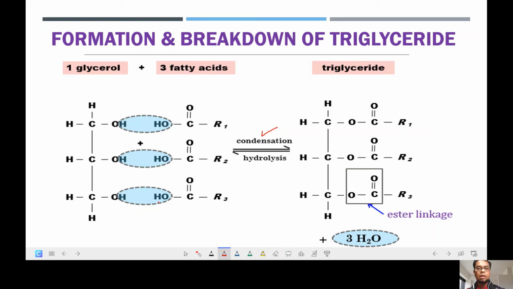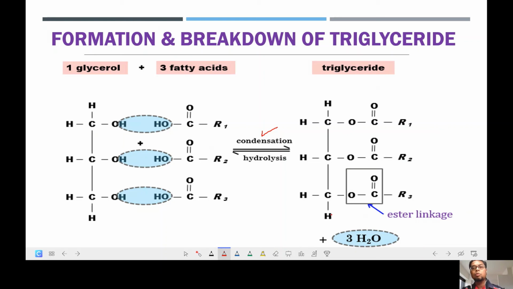As a result, three water molecules will be removed and they will become a byproduct. Due to the removal of the three water molecules, the three fatty acids are joined together to the glycerol due to the formation of ester bonds. You can see one ester bond over here, another one over here, and another one over here. And that is how the triglyceride can be formed.